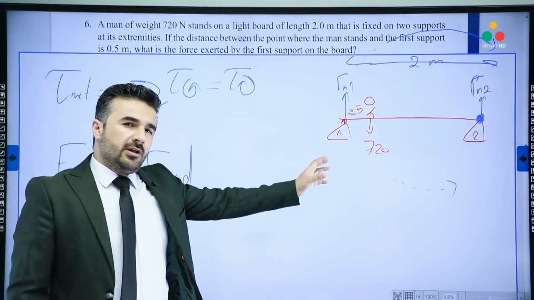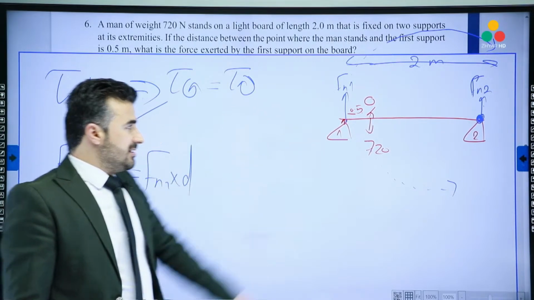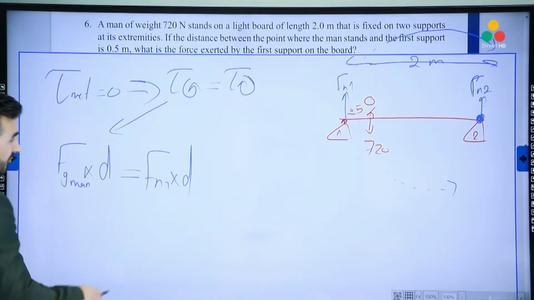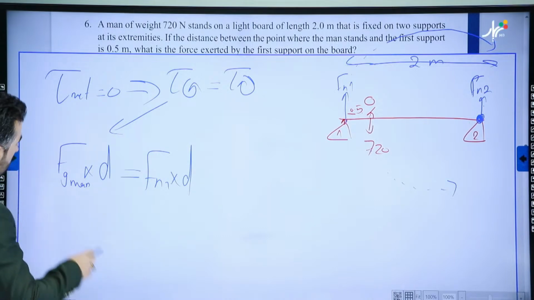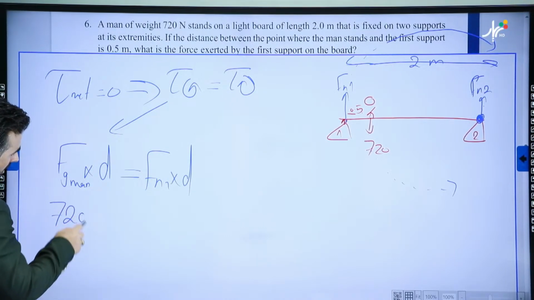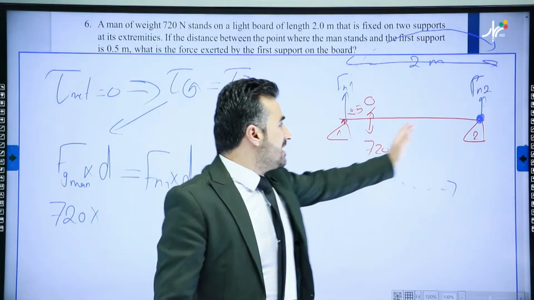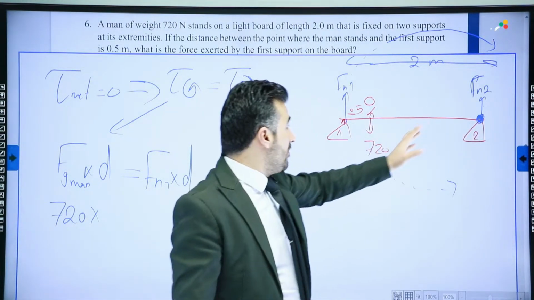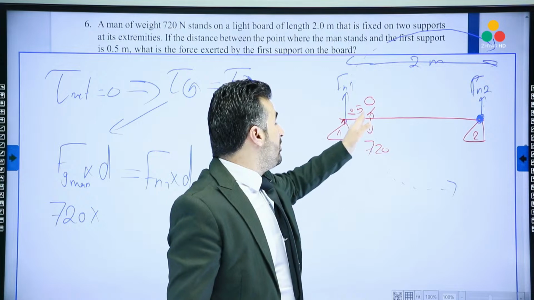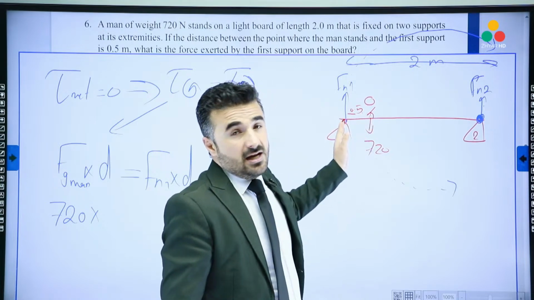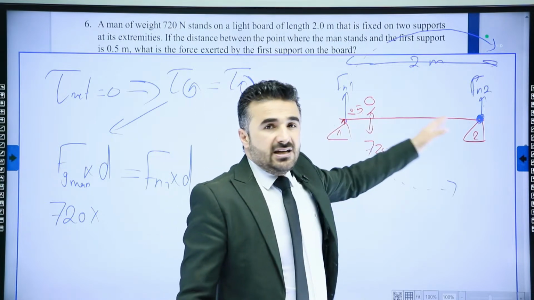But be very careful here not to mix the distances, yeah? Remember, the force exerted by the man is 720 newtons, multiplied by the distance here. How far is the man from the axis of rotation? Remember, the man is only 0.5 meter from the end. The whole board is 2 meters.